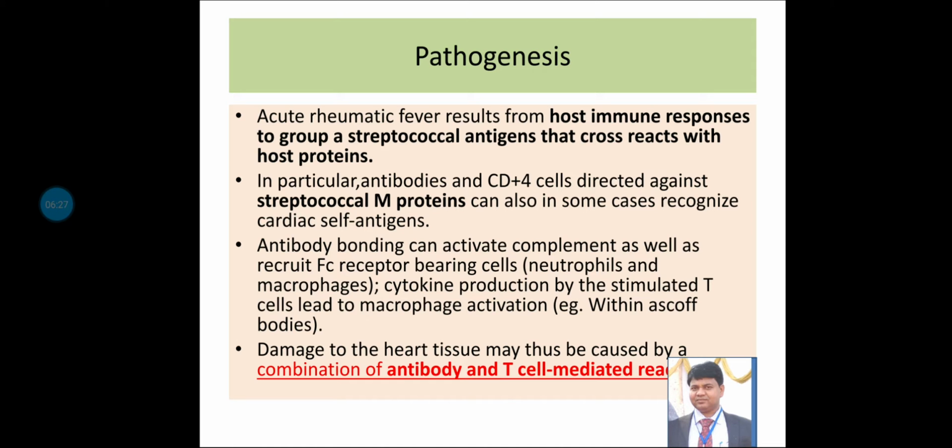They are attracted towards the site of inflammation. So these cells, especially the lymphocytes, produce a lot of cytokines and they activate the macrophages. So damage to the heart tissue may thus be caused by a combination of antibody and T cell mediated reaction.